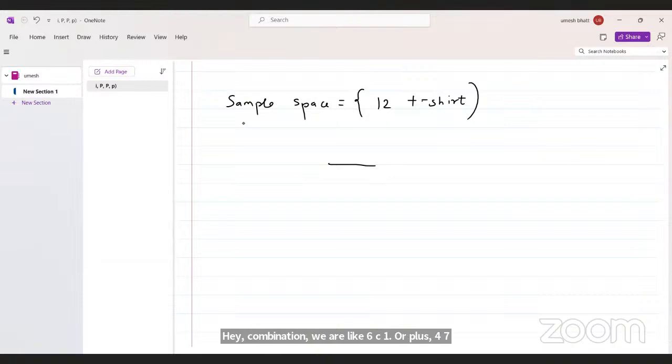Okay, so what's the answer? 12, right? 12C1. Yeah, so total possible outcomes are 12.